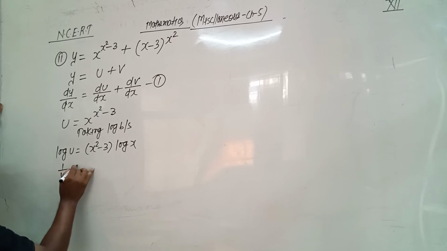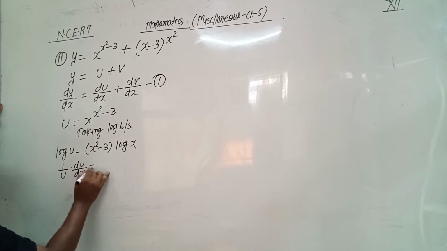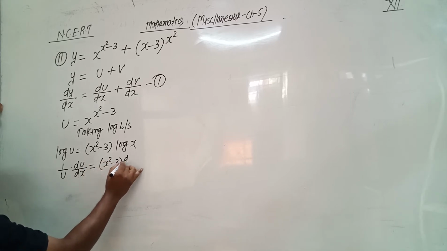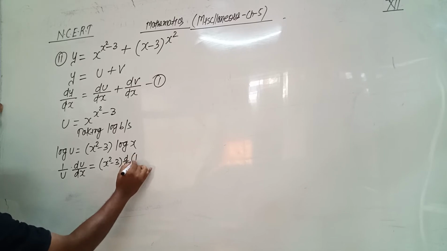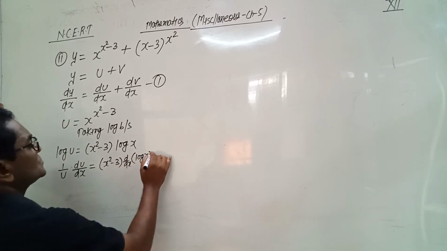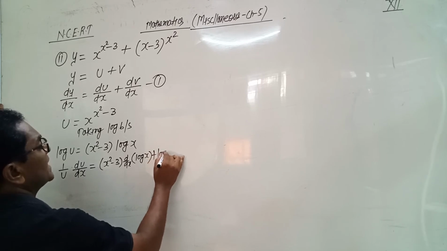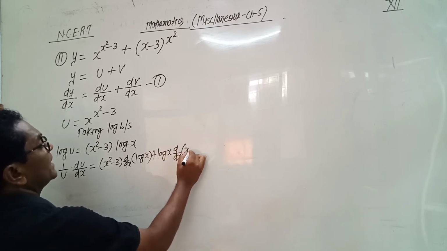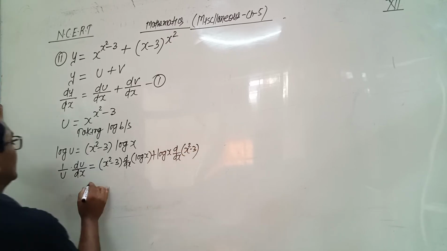Differentiation of log u is 1 by u into du by dx, and it equals u as it is, x square minus 3, into d by dx of log x, plus v as it is, means log x as it is, into d by dx of x square minus 3.